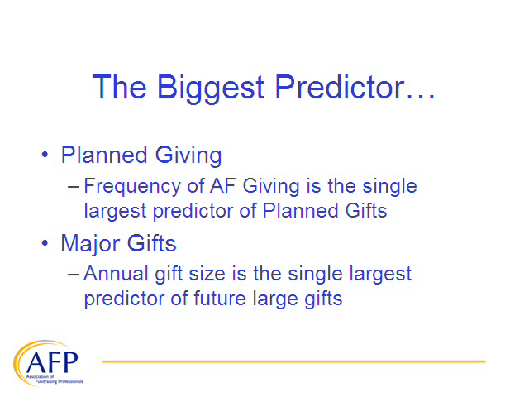For major gifts, which is what we're talking about today, the size of the gift is the single largest predictor of future large gifts. A study was done several years ago out of the University of Virginia where they looked at the size of the first gift and then went back years later and looked at subsequent giving behavior. There was a direct correlation between donors who made a larger first gift, a gift in excess of $100, and those that went on to become major donors in excess of $25,000.